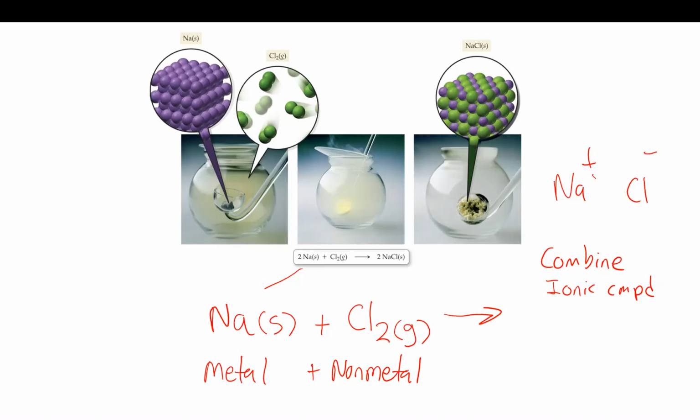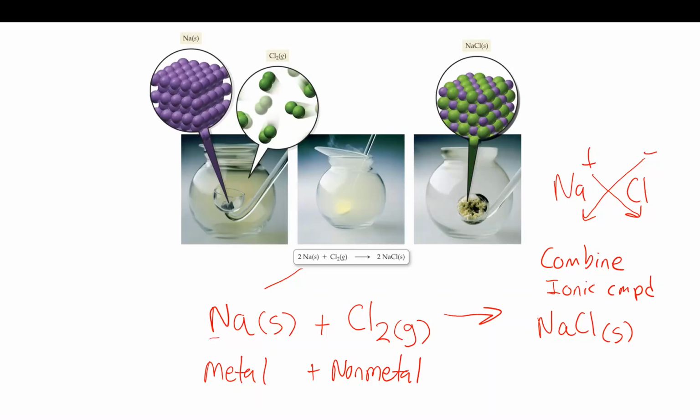And if we want to have a neutral compound, it's going to produce sodium chloride, which at room temperature, ionic compounds are referred to as salts. It's a solid.